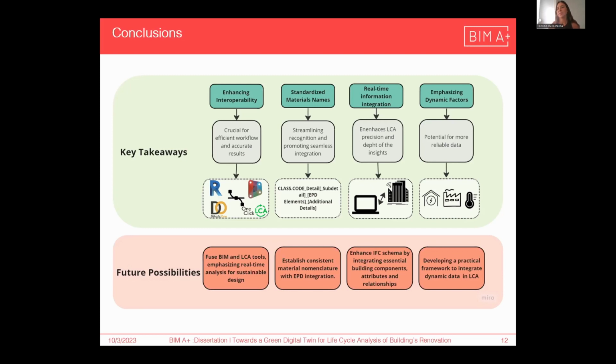It is also important to include the integration of the information from the sensors, in one way by enhancing the use of sensors, and in another way by also including some new way to include this data into the model itself. And finally, the dynamic factors of a building are really important for an LCA analysis that is actually accurate. And so it would be really, really important to include them.